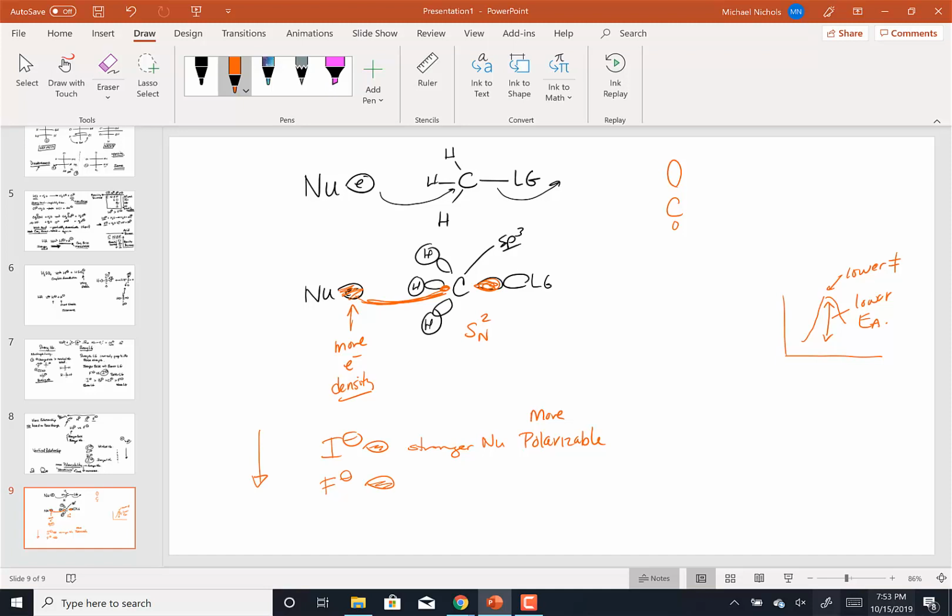That's going to cause that transition state to have a lower energy, which means overall the reaction is going to have a lower activation energy, which means it's going to occur faster. And so that's our whole reasoning behind that. Okay, it's a lot to digest, but you can go back and play the tape again. So this leads to kind of the paradox. So of F, Cl, Br, and I, who was the best leaving group?